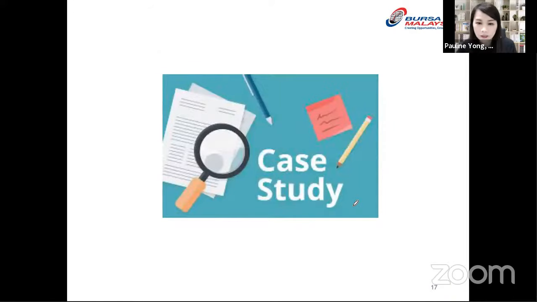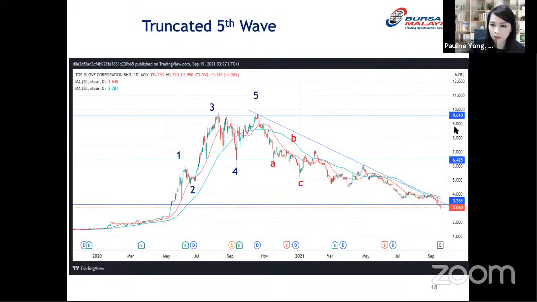Let's take a look at the case study here, whereby I will show you this Top Glove. If you can see this Top Glove, we are looking at 1 is here, 2, and then 3, and then 4. And when people are looking at wave 5, then too bad. You see that there's a truncation here.